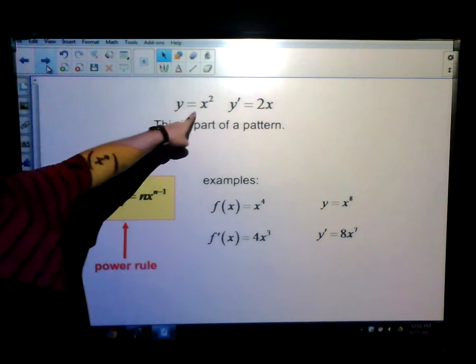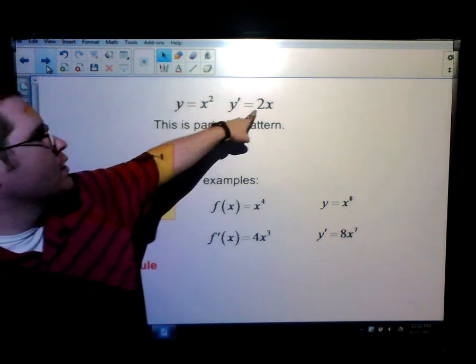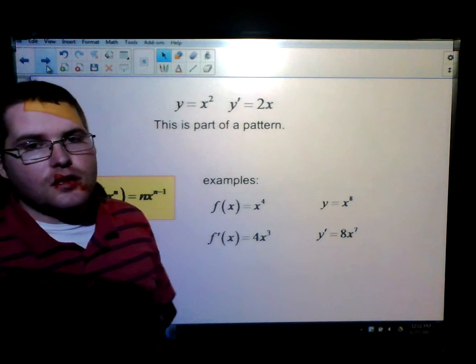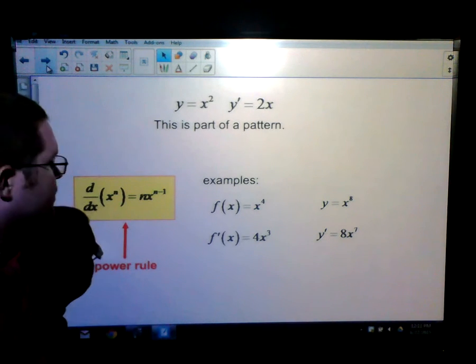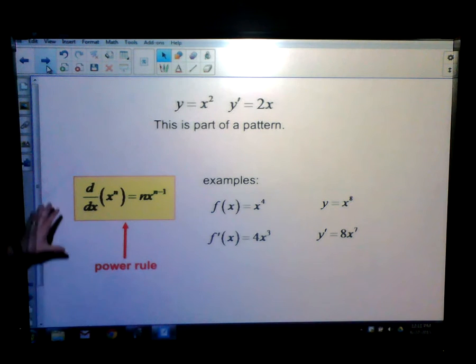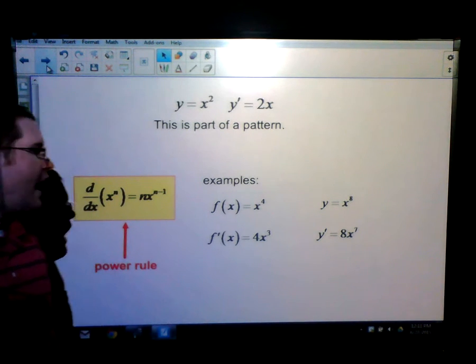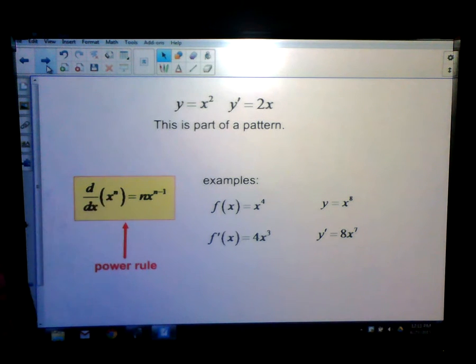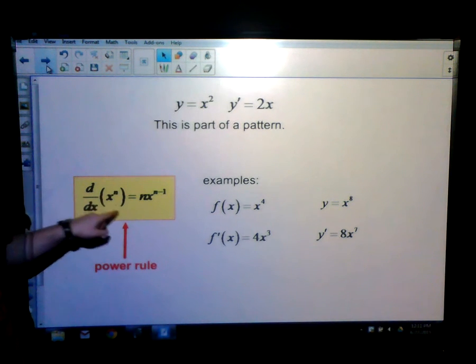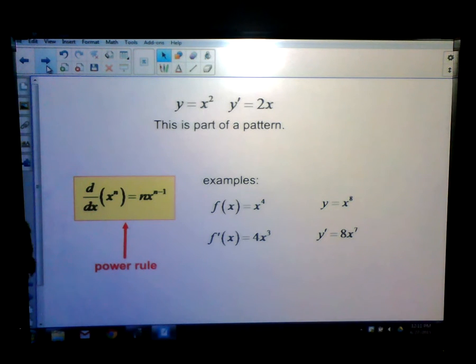Take a look at this. If this is the original, this is the derivative, and you can prove that using difference quotient. But I'll just tell you this. It's part of a pattern. It's the power rule. The most common rule in calculus. How to find the derivative of something with a power. You put the power in front, you subtract 1 from the power.